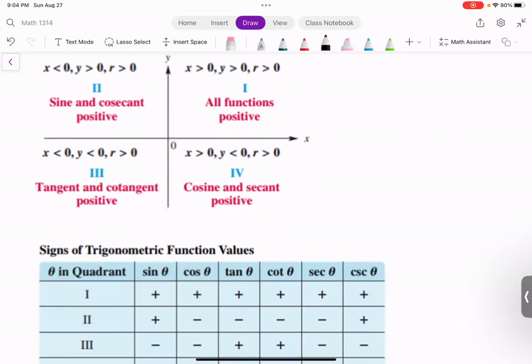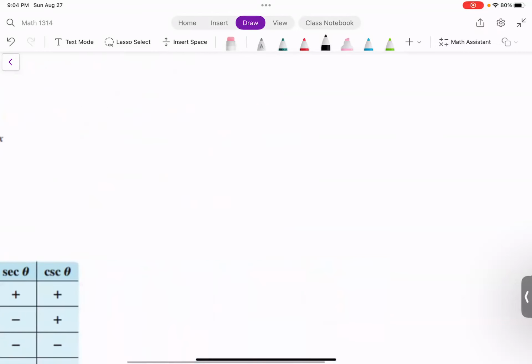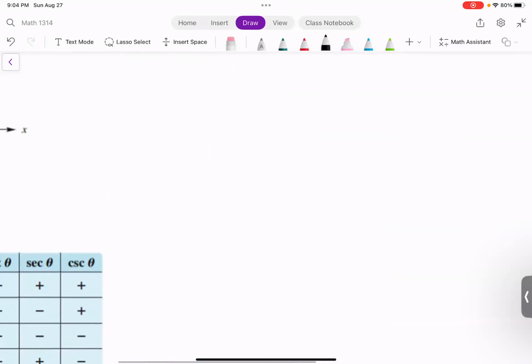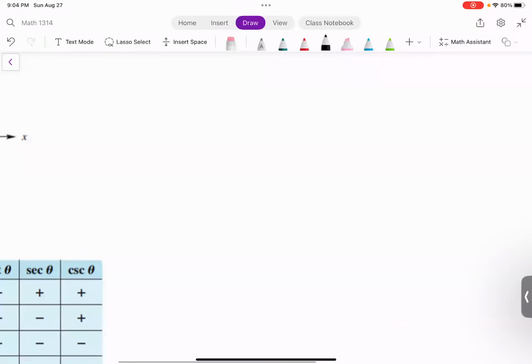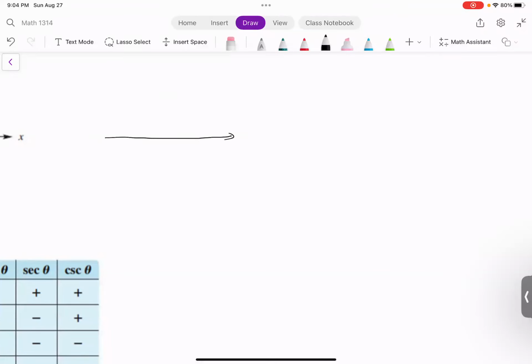In this part, we want to decide whether all 6 trig functions are positive or negative in the 4 quadrants. So let's move to the white space here. If I have the xy plane, I can divide it into 4 parts.